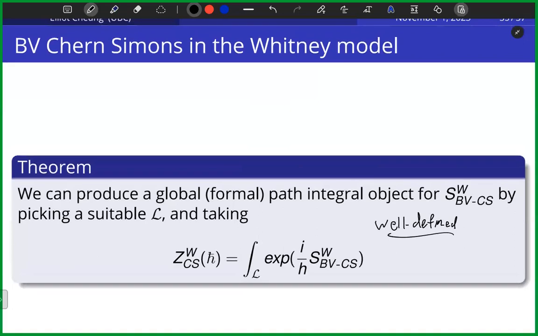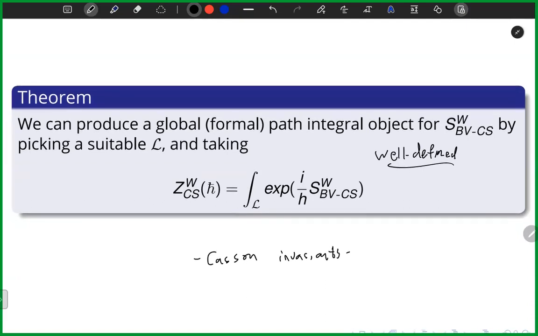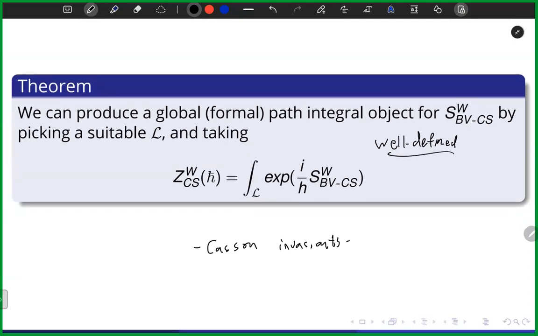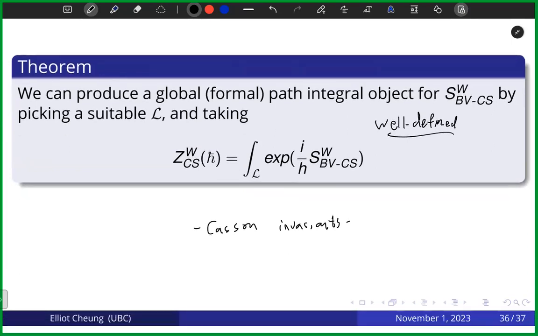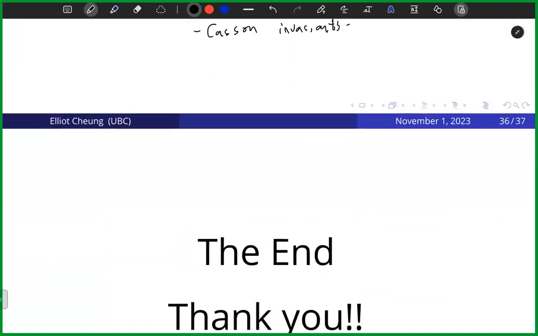And this whole thing is also supposed to have interesting relations to Casson invariants as well. So that's kind of the punchline.